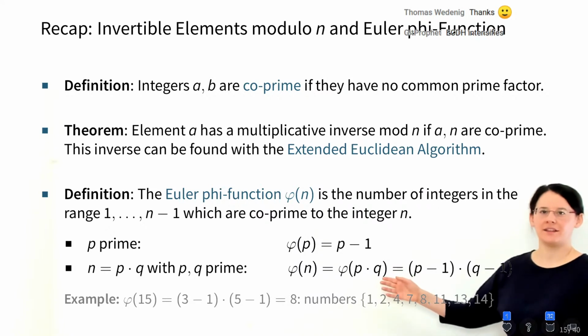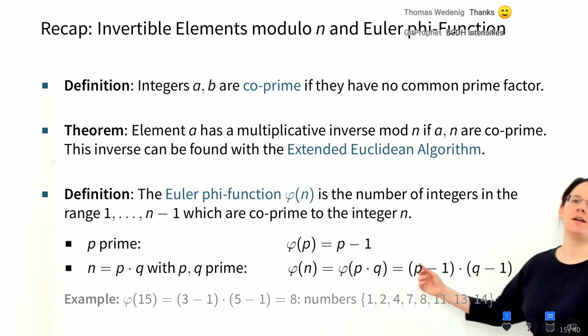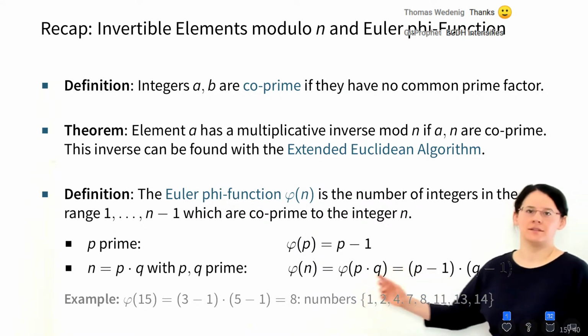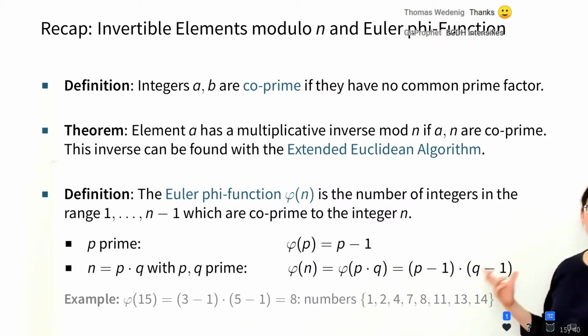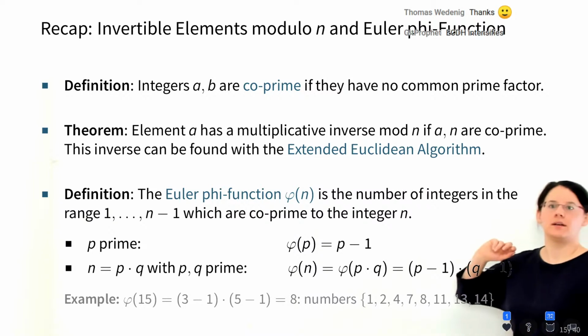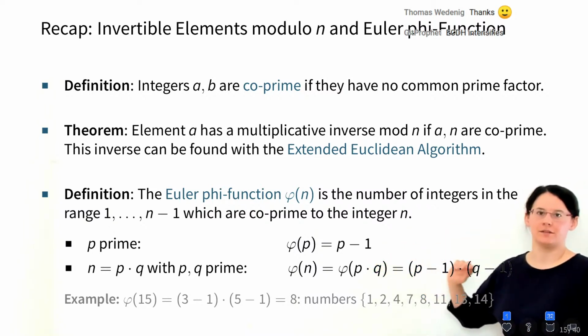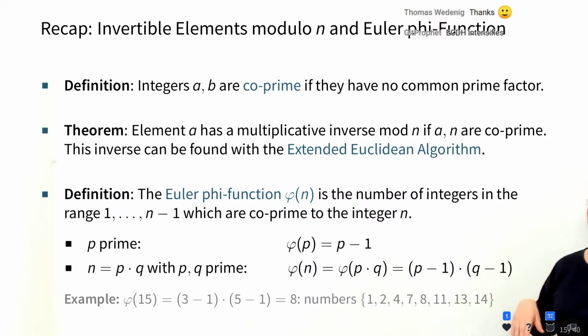It's every number that is either a multiple of q, there are p minus 1 many of them, or a multiple of p, there are q minus 1 many of them. This is why the number of relatively prime numbers is the product of p minus 1 times q minus 1.